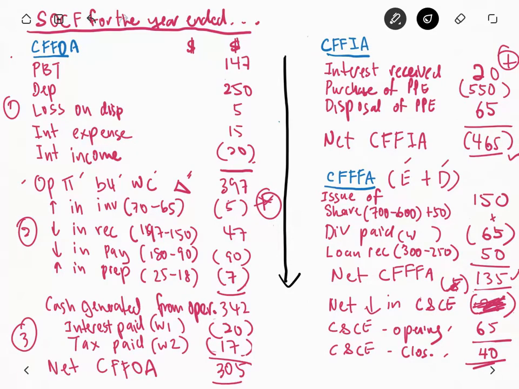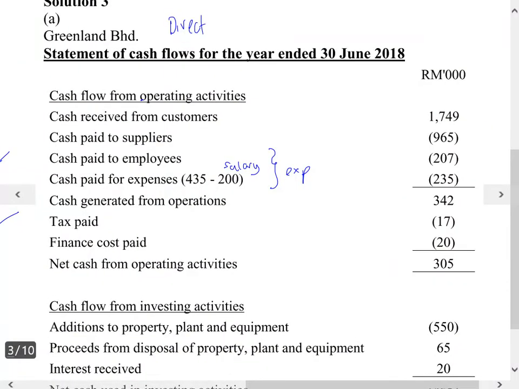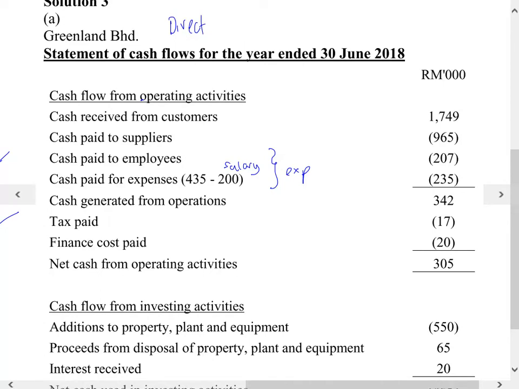When it comes to Section 3, for direct method, it will still be the same, 342 minus 20 minus 17. You come back to the same answer. It's a different approach, different method, same answer. Clear? So for direct method, we start with received from customer, paid to supplier, and paid for both the expenses.